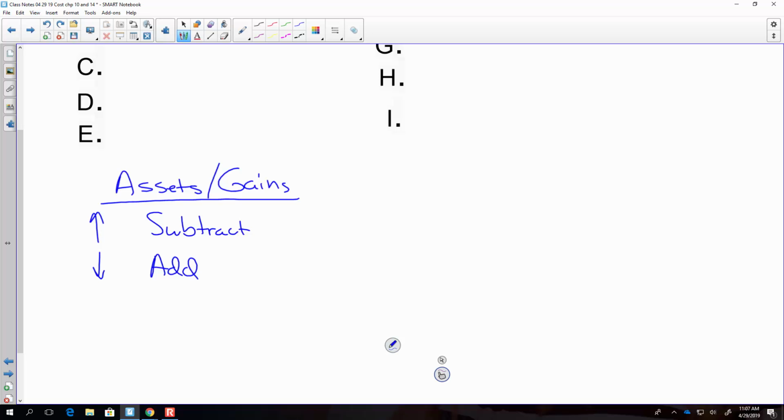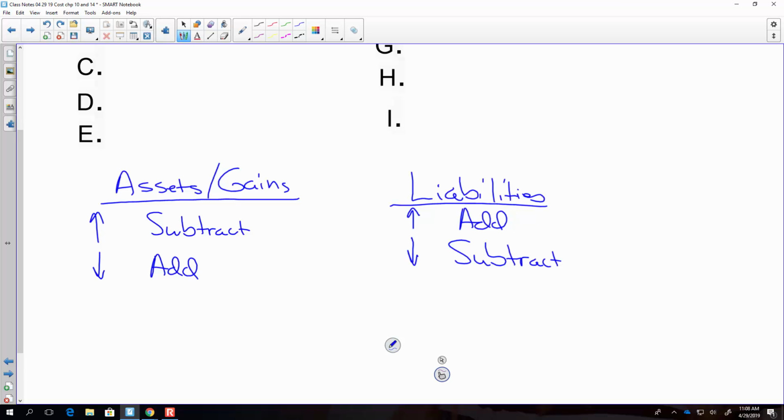With liabilities, it's the same direction. If the liabilities are going up, we add. If the liabilities are coming down, we subtract. Okay, I get it now.